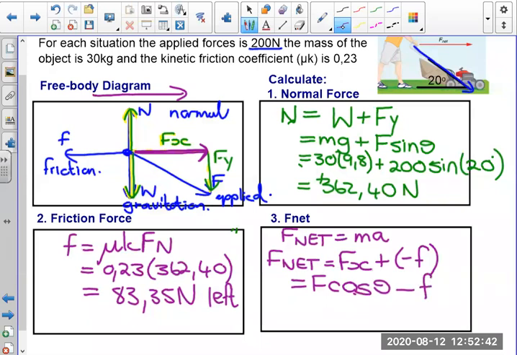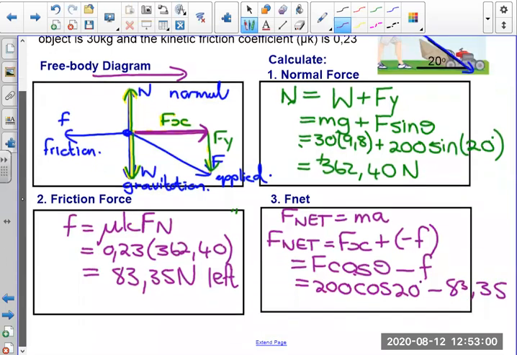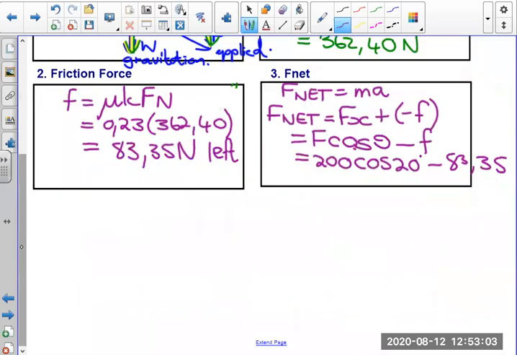When I substitute in, the applied force is 200 cos 20, minus the friction force that you just worked out, which is 83,35. And then the net force answer is 104,59 newtons to the right. Okay, so that would be the answer.